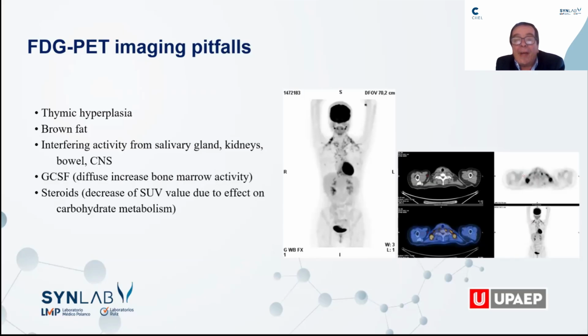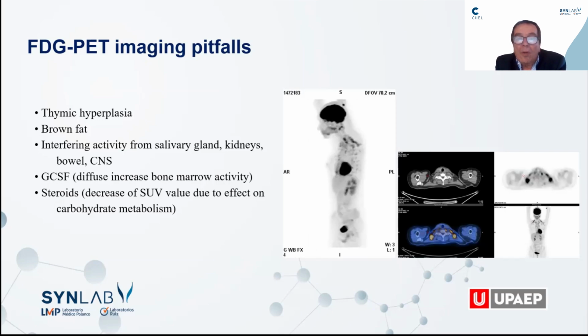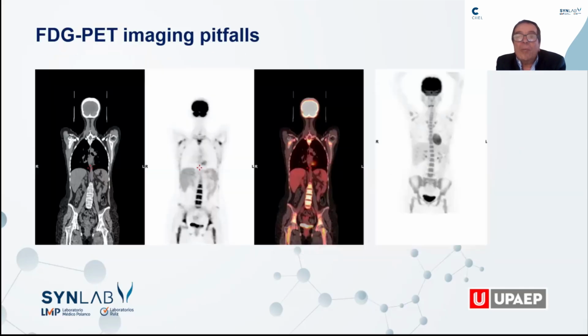On the right side, you can see the activation of brown fat that can mimic lymphoma pictures. Or in this case, we have an activation of bone marrow that makes more difficult the evaluation of bone.